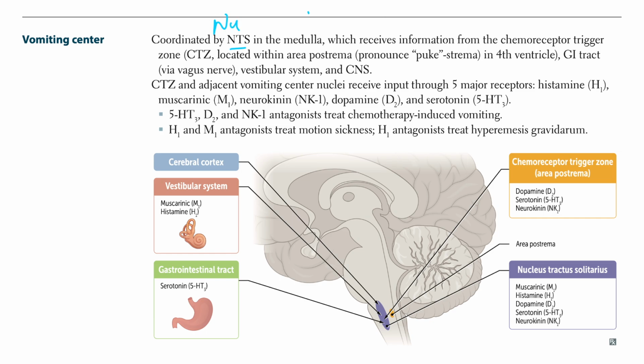It is the nucleus tractus solitarius in the medulla, which receives information from the chemoreceptor trigger zone, the CTZ, located within the area postrema, pronounced 'pookstrema'. Emesis means vomiting. It is in the 4th ventricle. It also receives information from the GI tract via the vagus nerve, the vestibular system, and the CNS.